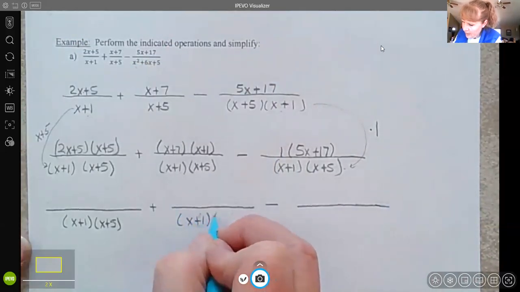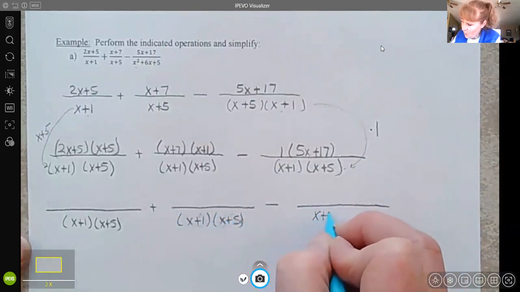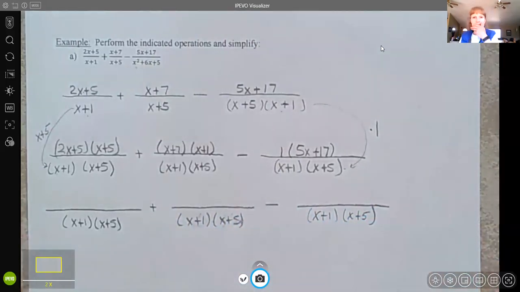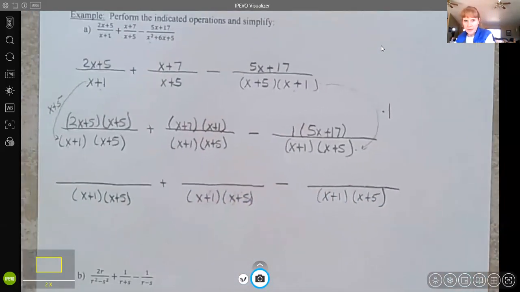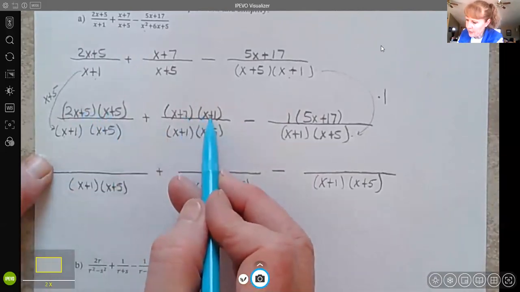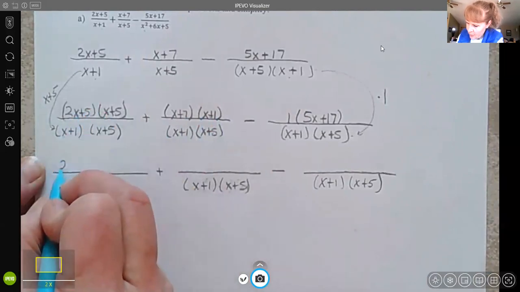X plus 1, x plus 5, x plus 1, x plus 5. Okay, so all I'm going to do is do the FOIL method on each of these. So that means 2x times x is 2x squared.